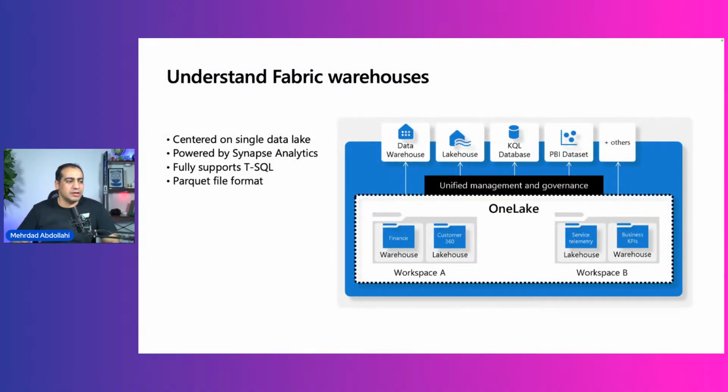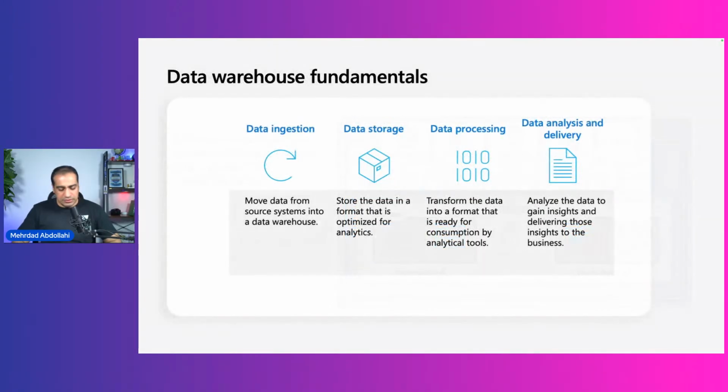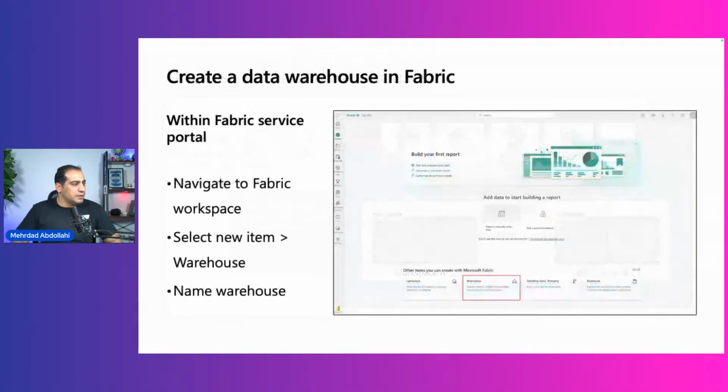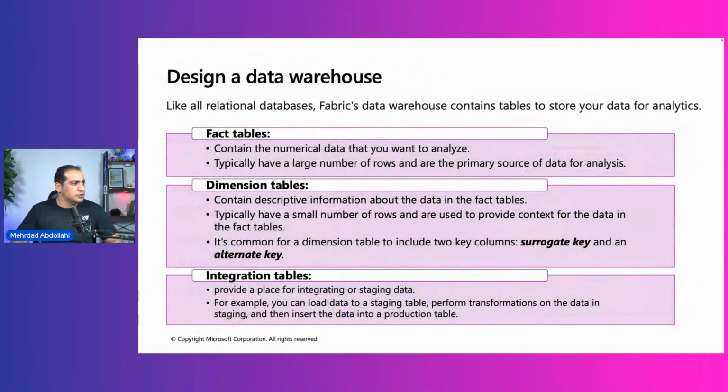How the data is going to be landed in Fabric, which is in OneLake for sure, and OneLake is that single data storage for our whole tenant and the workspaces that we've got, and the file format is Parquet. So there's nothing new for you. So let's pass the slides that we talked about. How to create a warehouse.